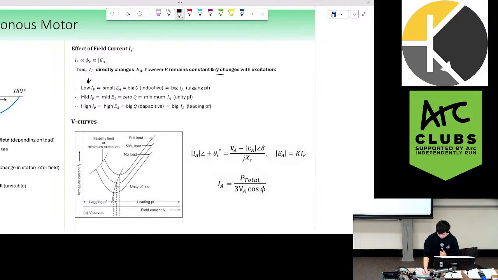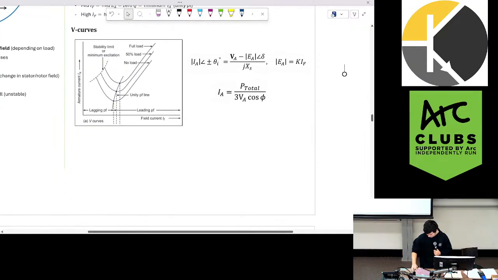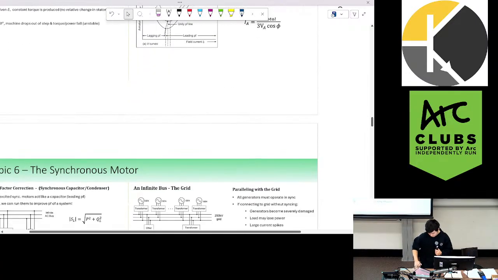If we have a low excitation, there's less torque, it's going to be lagging more, and therefore we get a lagging power factor. If there is a very high field current, then we get the opposite effect. And that is how we consider that. All right.